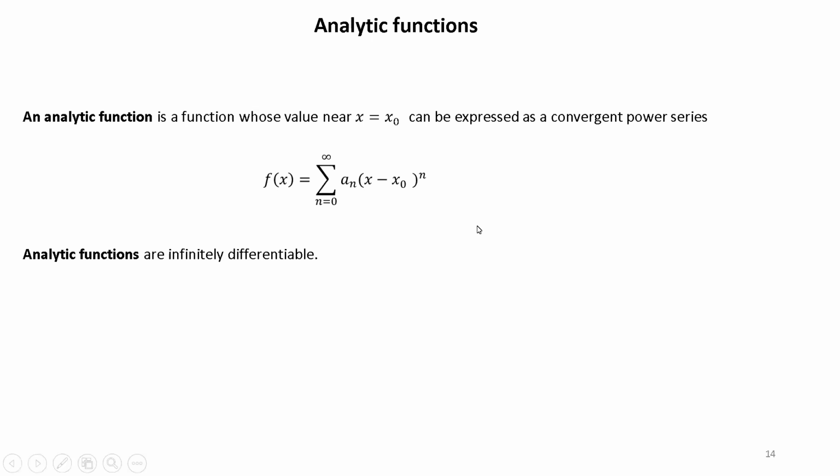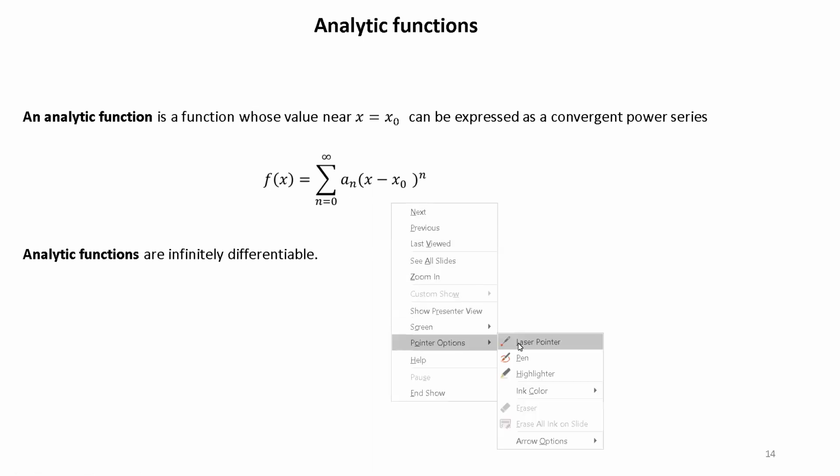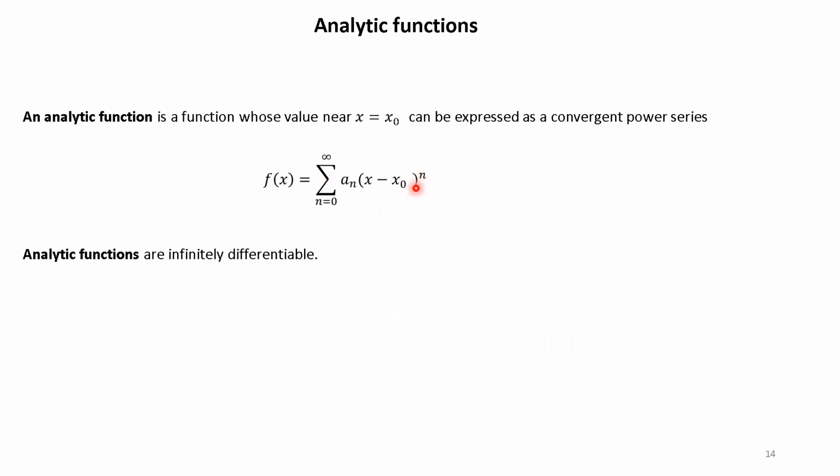And then at the end I told you that if we have a function which is called an analytic function, then that means this function can be expressed in terms of a power series like this. And of course, this power series is a convergent power series, right?